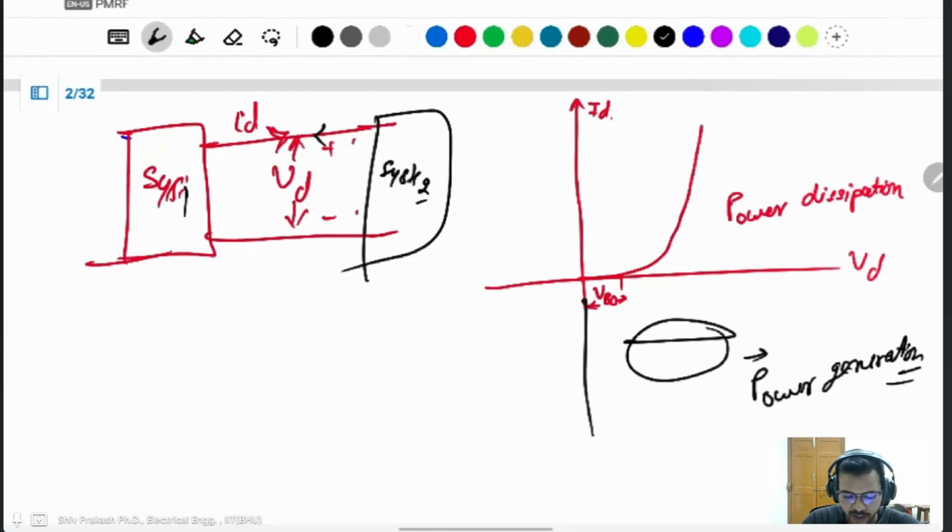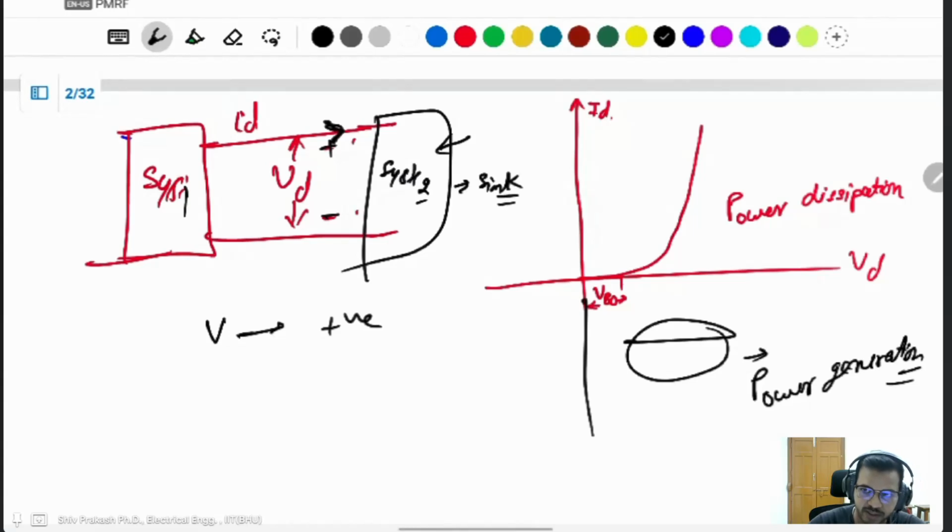If the voltage is positive and current enters the positive terminal, then that system is known as a passive system. This system only dissipates power, it cannot generate power, and is known as a sink.